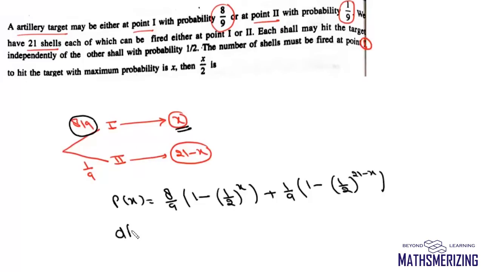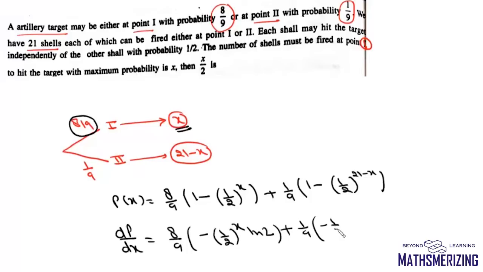So what we'll do is we'll differentiate. So we'll find dp upon dx, and it'll be this 8 by 9 and it is minus 1 by 2 to the power x ln 2 plus 1 by 9 and it is minus 1 by 2 to the power 21 minus x ln 2 into minus 1.